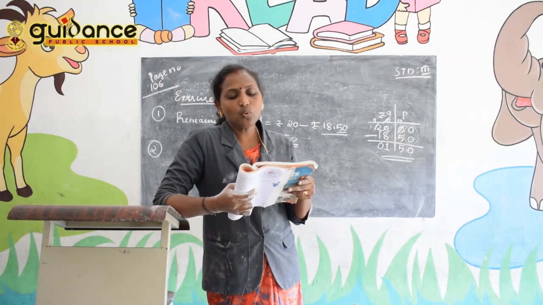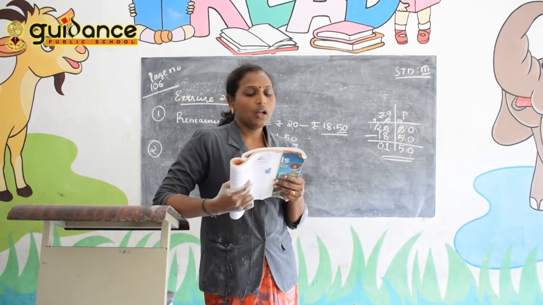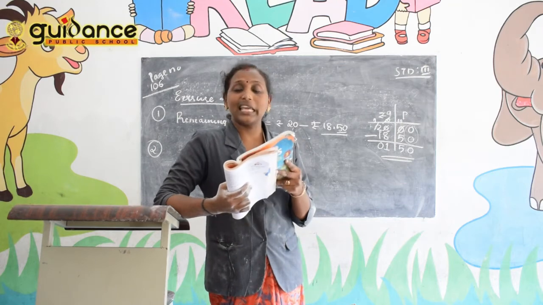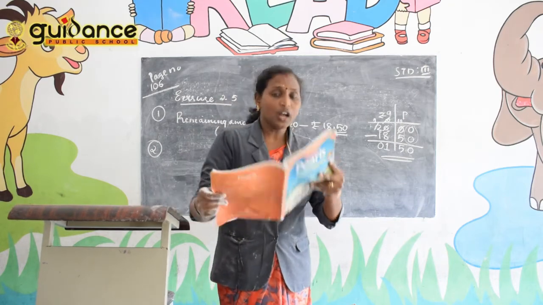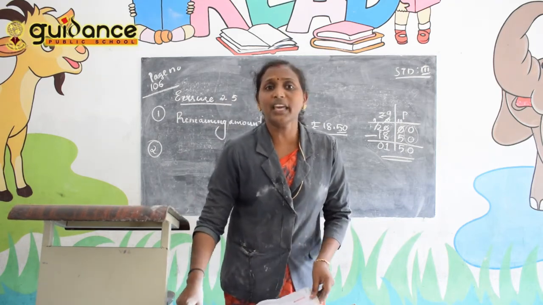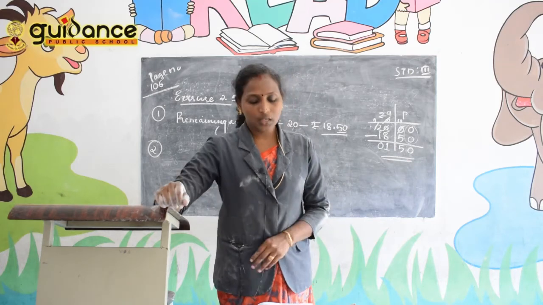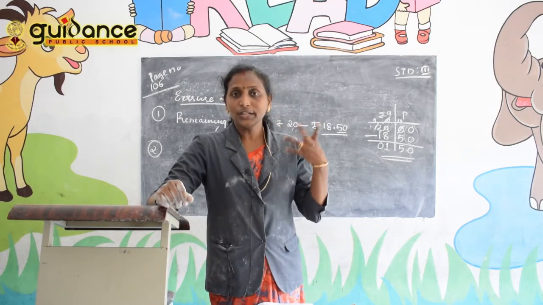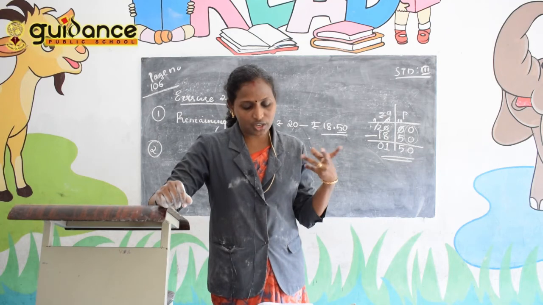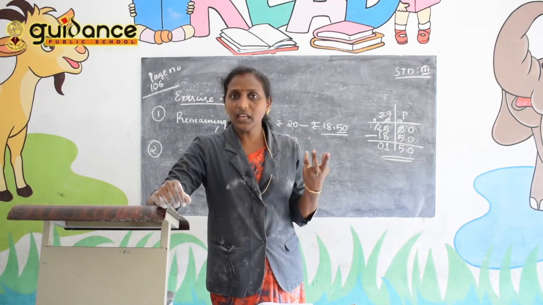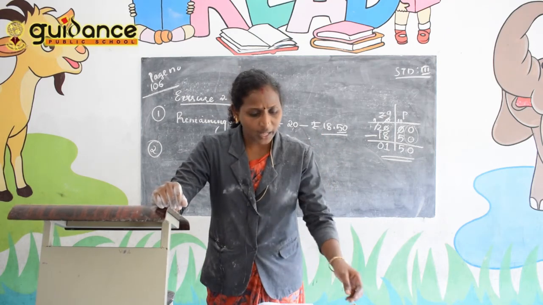She buys two books. The amount of the books is rupees 300. So how much more amount does she need to buy the books? That is the question.